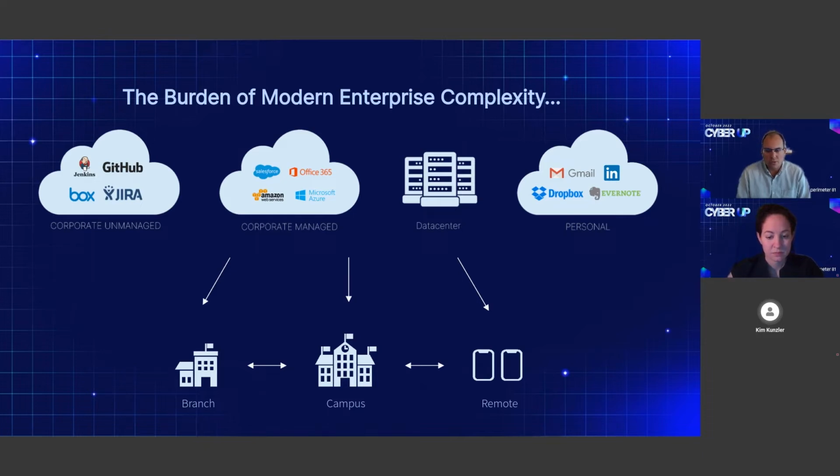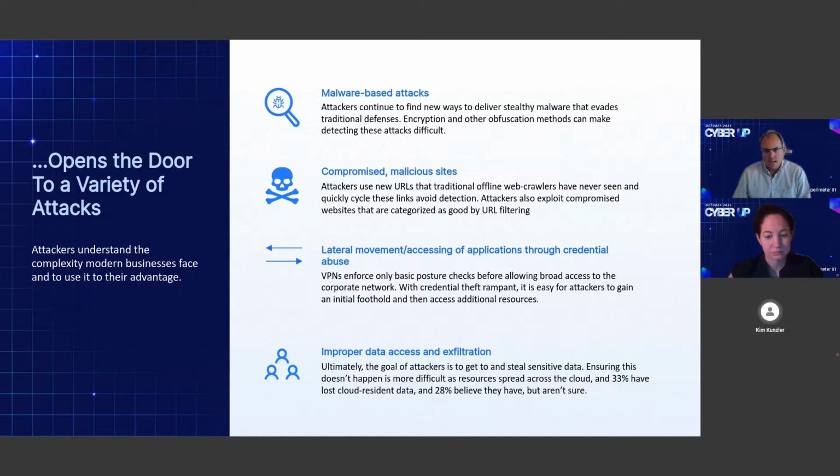And so the traditional concept of the perimeter really doesn't work anymore. There's no outside versus inside, no known good versus bad. Things are amorphous. And this has really created more complexity from an IT and certainly a security perspective. That complexity has really impacted security by expanding the attack surface.